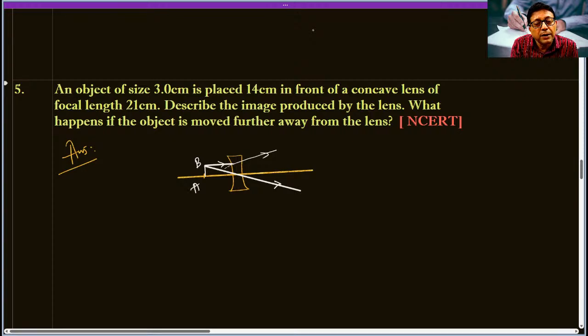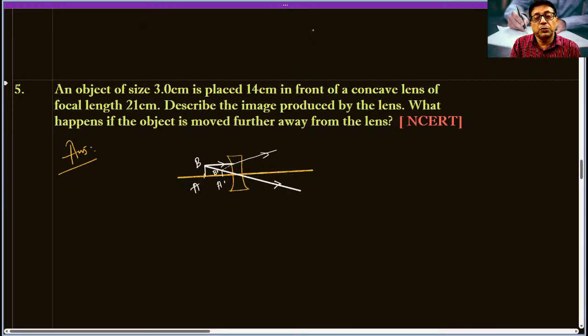Produce this backward, and this A dash B dash is the image now. Clear? These two rays you have to produce back. The ray which passes through the optical center passes undeviated. So what image is expected? It is diminished. It is virtual because you have got it by producing it in the backward direction.